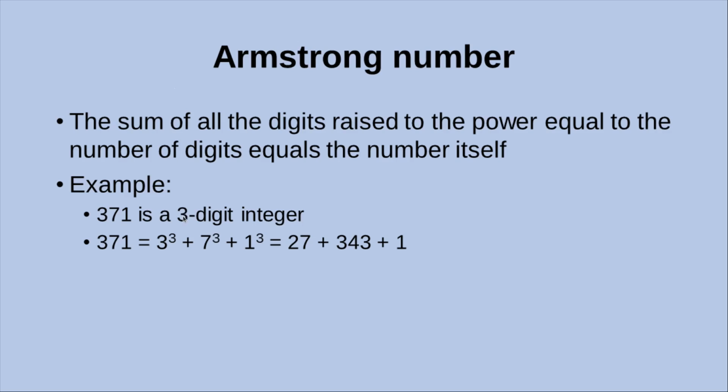Since we have 3 digits, we raise each of the digits to the power of 3, and then add up all these powers. In this case, we will have 27 plus 343 plus 1, so that this sum is equal to the number itself. So we can see that 371 is actually an Armstrong number.